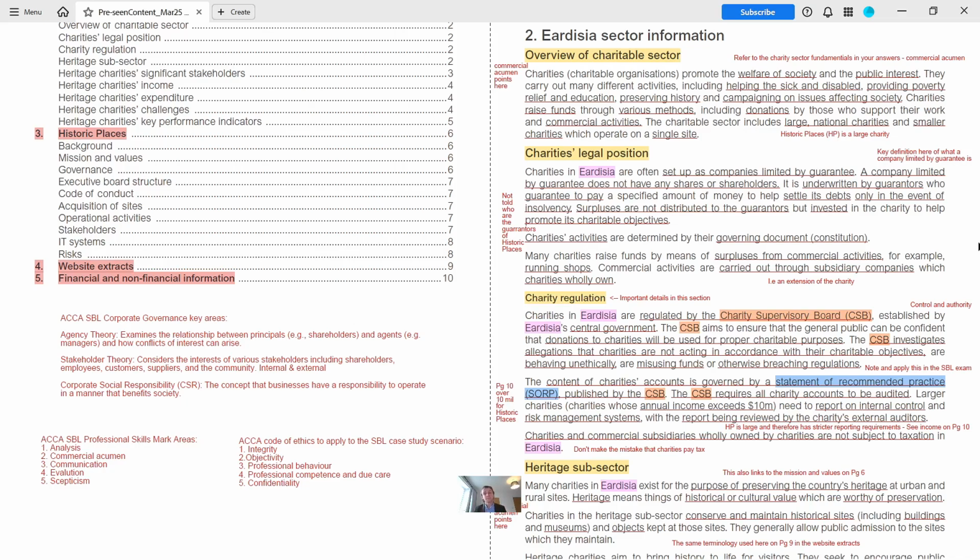Now, in terms of the actual historic places and their structure, we'll come onto it later on in the video in terms of the trustees and the board of executives. And they have agency theory in the SBL syllabus, which is all about the relationship between the shareholders and the agents, in other words, the managers who run the business day to day. Now, we don't have that kind of structure here because we have a charity.